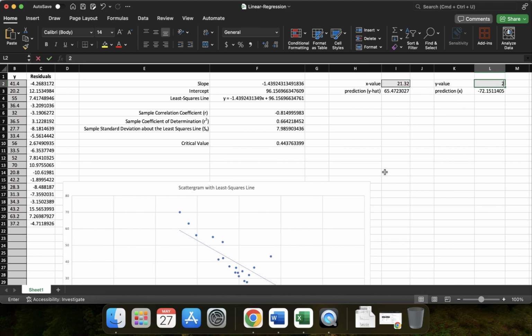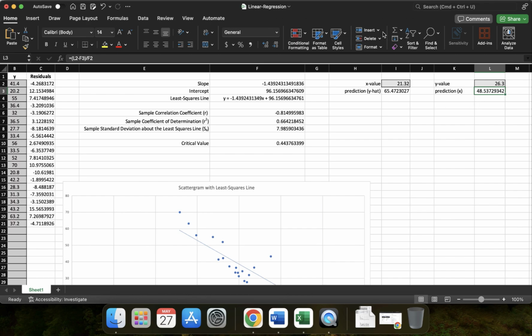So we plug that 26.3 in for the y coordinate over here in column L. And it's telling us that the prediction for the latitude is 48.54.